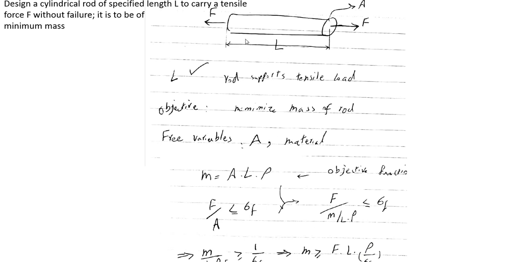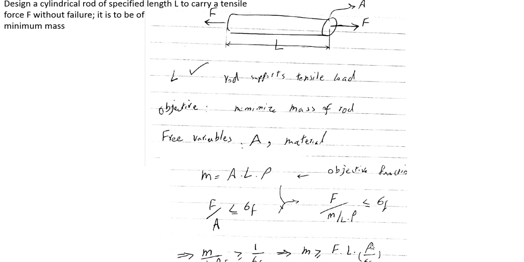Of course, the lightest rod that can carry force F safely is the one that is made of the material with the smallest value of rho over sigma F. In other words, minimizing density over failure strength results in minimizing the mass.